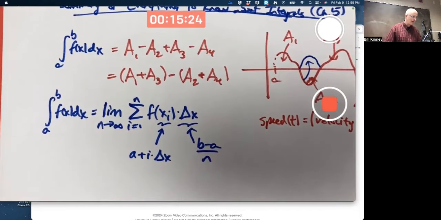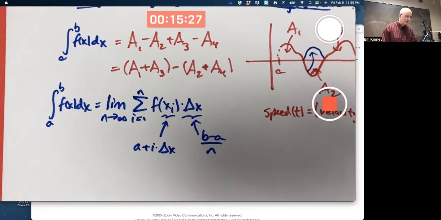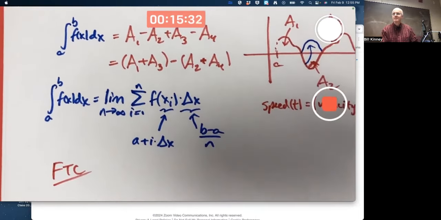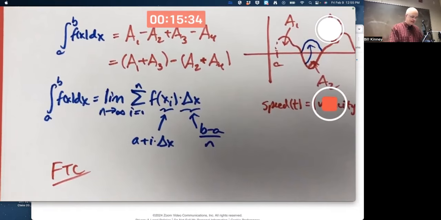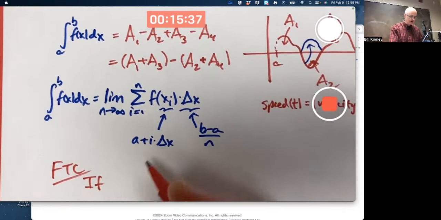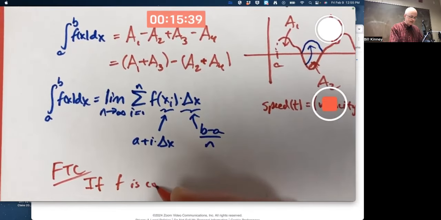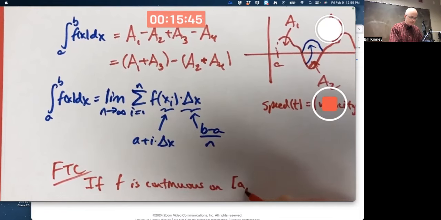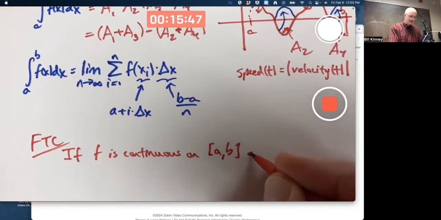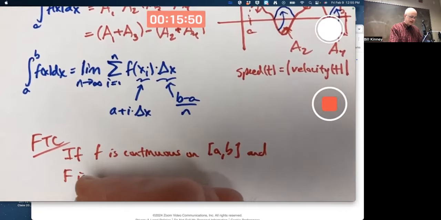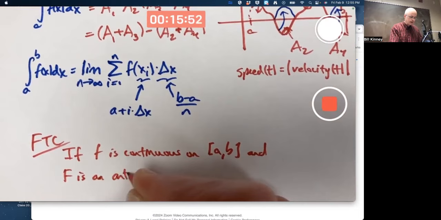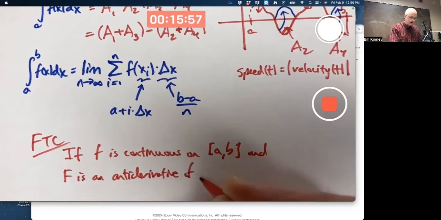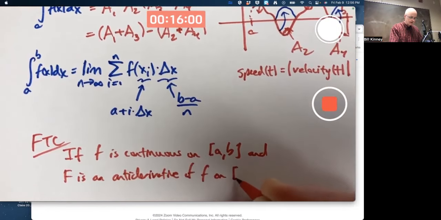But mostly, we are happy to use the fundamental theorem of calculus. FTC is your friend. What's the FTC? It is a theorem, the fundamental theorem of calculus: if little f is continuous on a closed interval and capital F is an antiderivative of little f on that same closed interval.